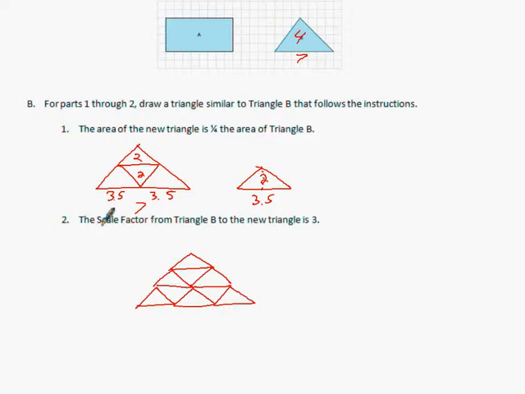Now, the original triangle was 7 wide, so if we have 7, 7, 7, the entire new width is 21. The original is also 4 tall, so 4, 4, 4. The new triangle is 12 tall. So 21 and 12. Alright, let's move on.